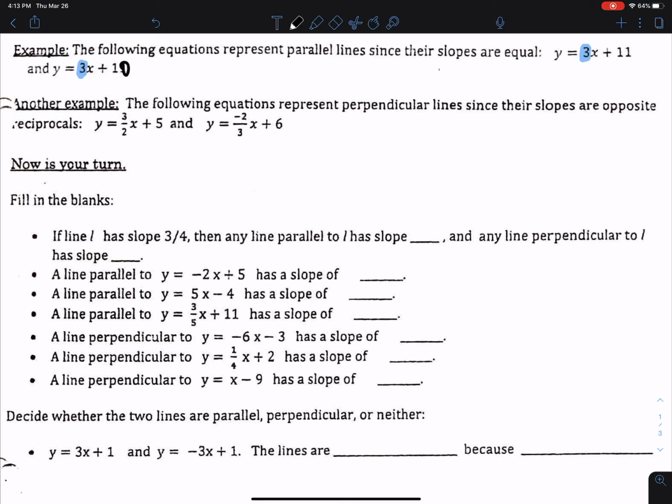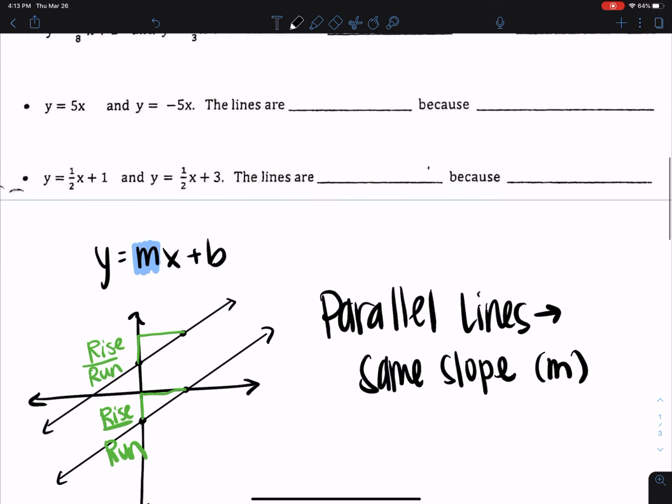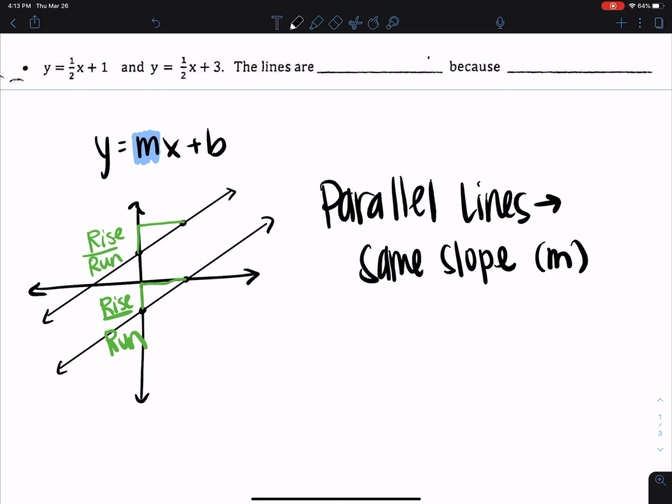So the b value doesn't matter. You can put in any value of b that you want because that's just moving the lines up and down. Even if there was another line down here, it would still have the same slope, but the b values are different, and that's okay.